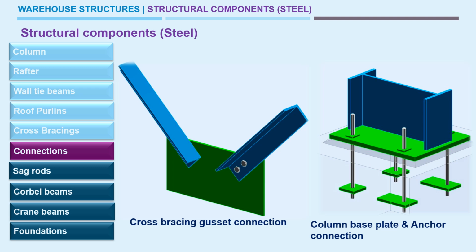Considering all this, we need to design the base plate. Also, the lever arm distance of the anchor bolt to the base plate and the projection outside the column will cause a bending moment in the base plate. So that also we need to consider while designing base plates.